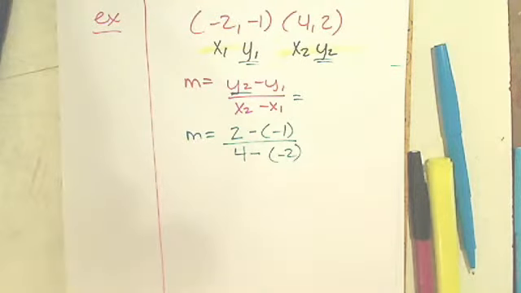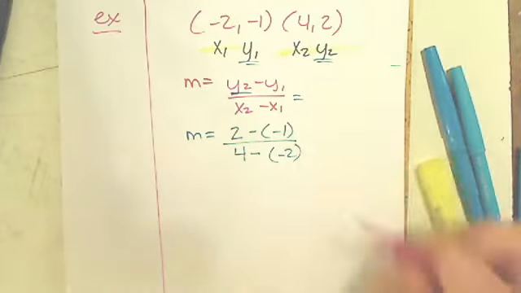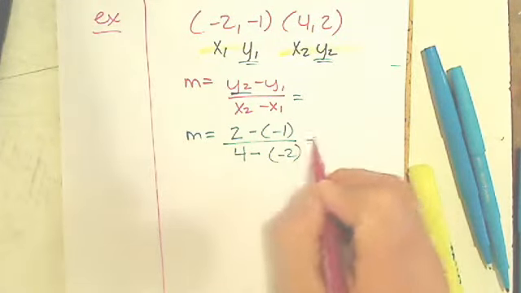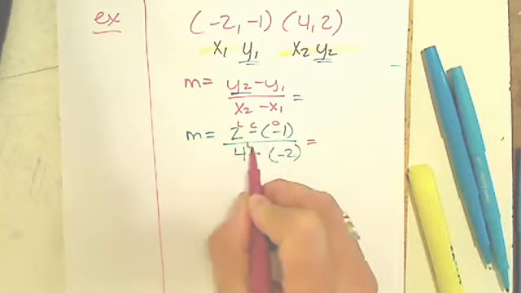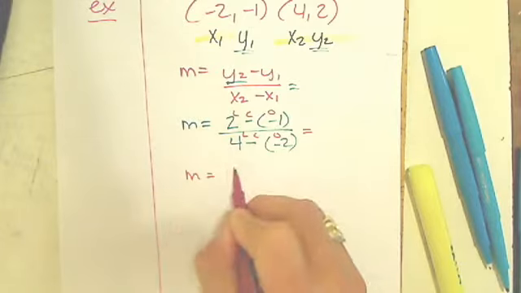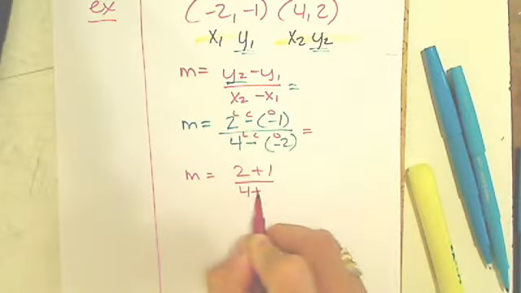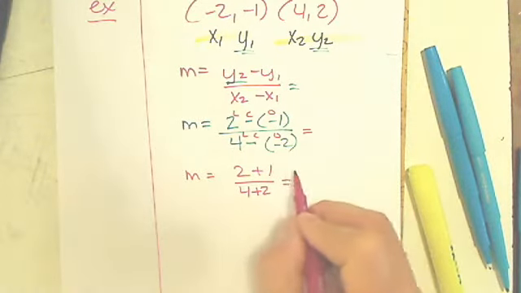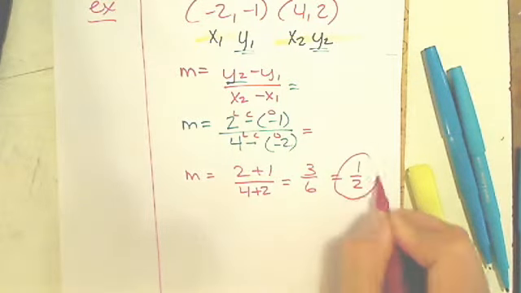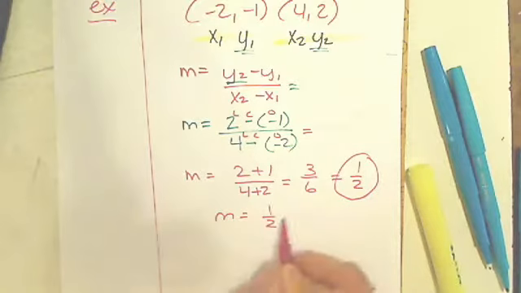The number one mistake in finding these slope equations is that students forget the minus sign. You're finding the differences, okay? Eventually, as you get really good at this, you can do it in your head, but because this is new, leave, change, opposite. Which becomes, let me show you every step, 2 plus 1 over 4 plus 2, 3 over 6, reduce it. Slope is positive 1 over 2.